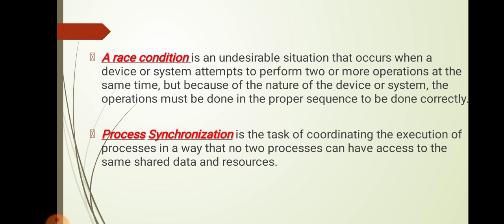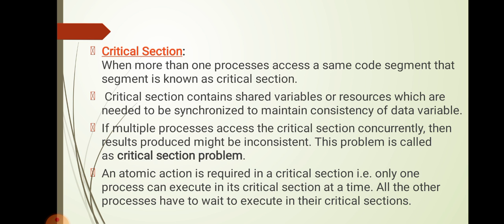Before explaining the critical section problem, you should know what a critical section is. A critical section is when more than one process accesses the same code segment. For example, we have written a C program. A segment is a part of a program, a part of that particular code.